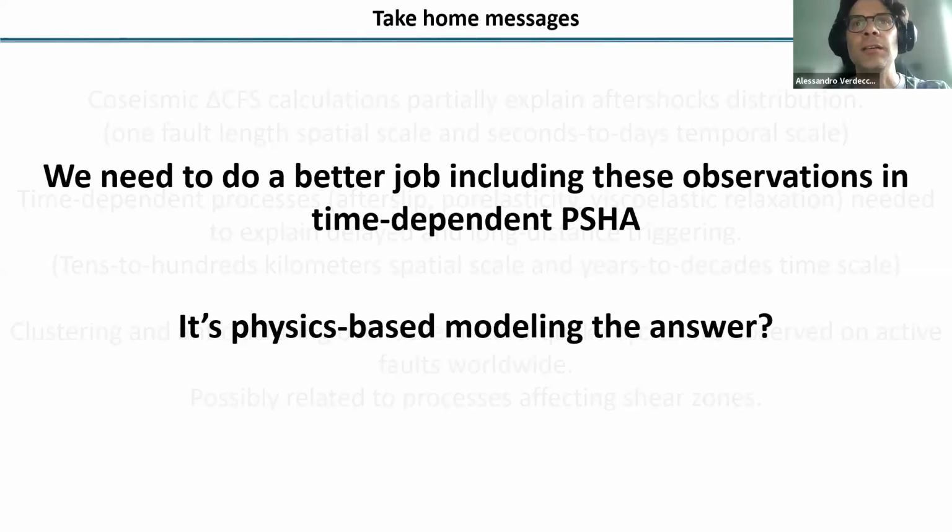We call these very strong subsequent event occurrences clusters, but we call these times when not many earthquakes occur anti-clusters. And these have a big effect. They affect very strongly the potential slip rates that we use on faults. So for those who work in seismic hazard, how can we include this observation in time-dependent PSHA? Is physics-based modeling the answer, or do we need something else?